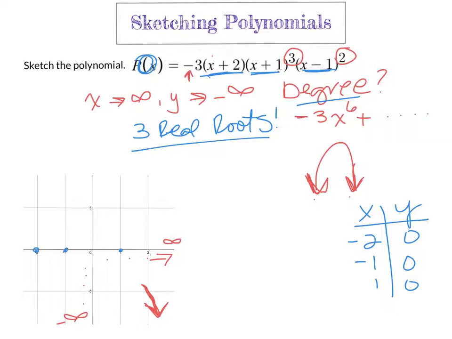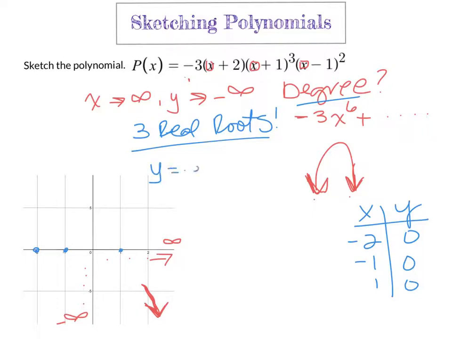Now we could just sketch it wildly, but it's always really nice to get a little bit more information, and that information that we're going to get right now is the y-intercept. In order to find the y-intercept, all you have to do is let the x's be 0. So we're going to make this x 0, and this x 0, and this x 0, and then solve this to find the y-intercept. So what does y equal?